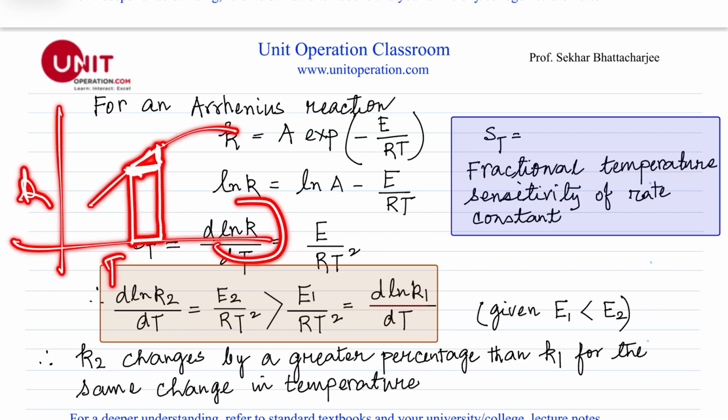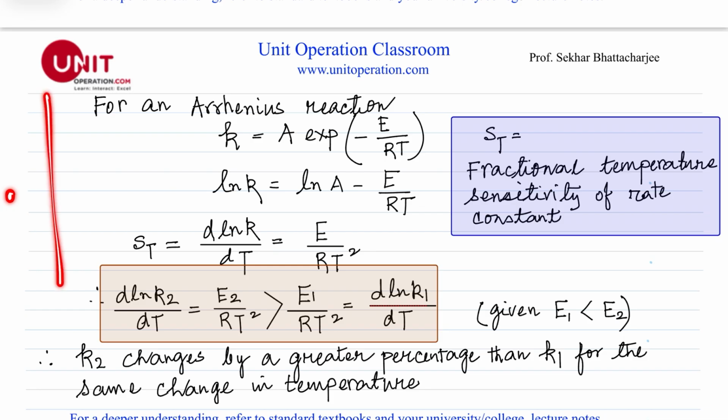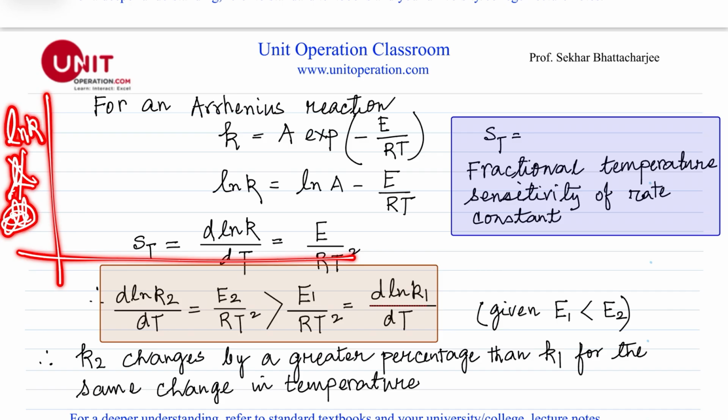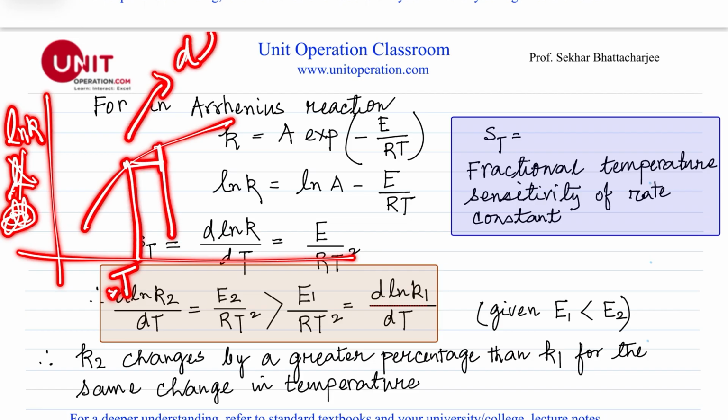But here we are finding d of ln of k. So basically here, instead of k, we are plotting the natural log of k as a function of temperature. If we take the derivative of that, we get d ln k over dt.